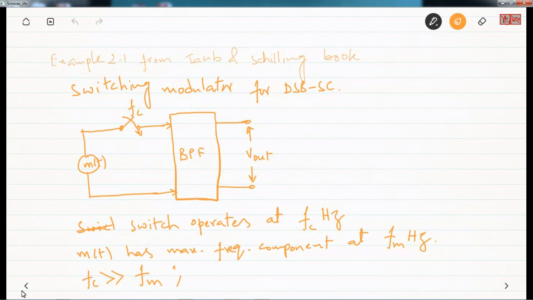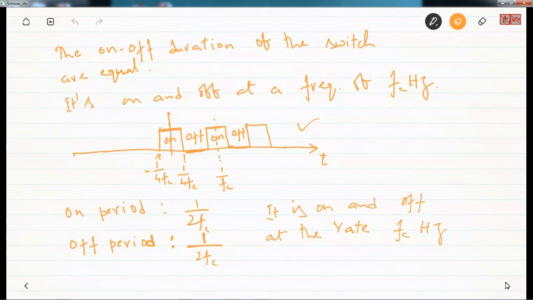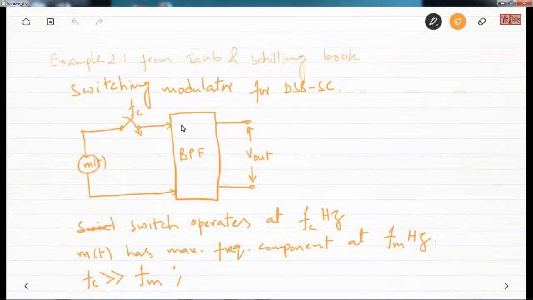Now we have this M of t, and the switch on-off pattern is given by this pulse waveform. Here also let me call it S of t. Essentially what this circuit is doing is multiplying M of t with S of t and then giving that output to the BPF, right?